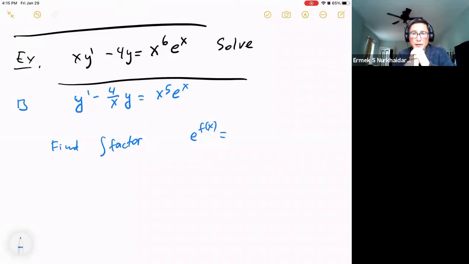Again, the setup is the same. It's just your calculations are a bit confusing here because it's going to involve some algebra work. So let me try.